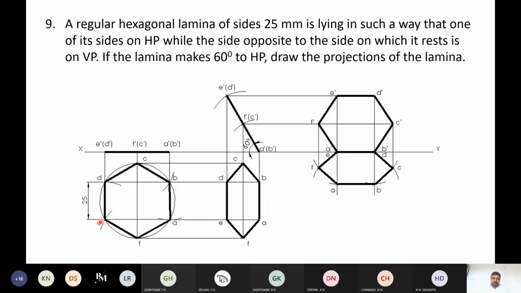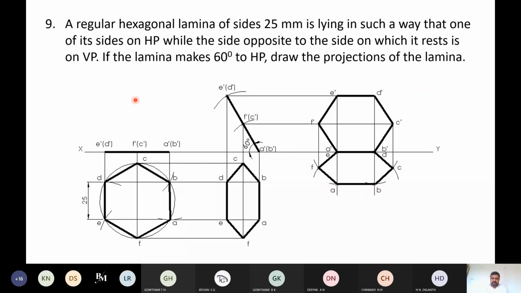You can see AB is on the XY line. That means this is the resting edge, it is on HP. Next I should satisfy the last condition, that the side opposite to the resting edge, DE, should be on XY. That will be satisfied in the last condition.